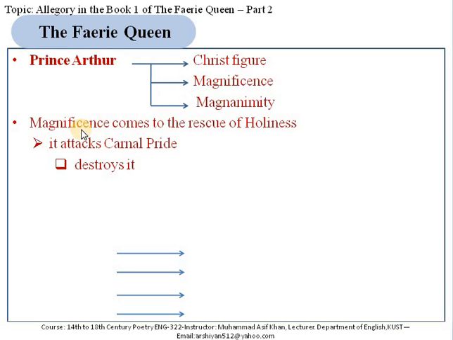So magnificence or magnanimity, that is courage, nobility, or unselfishness, now once again unites holiness to truth. King Arthur unites the Knight of Red Cross to Lady Una, and allegorically magnificence unites holiness to the truth that had long remained separated from each other through the scheming of hypocrisy.